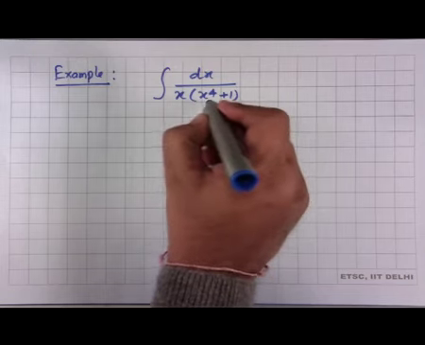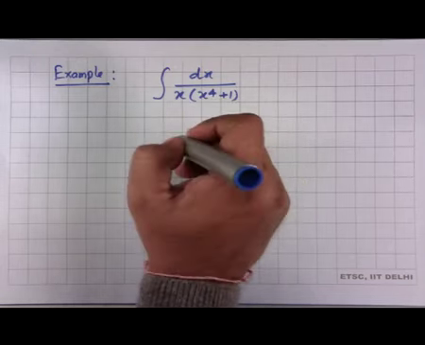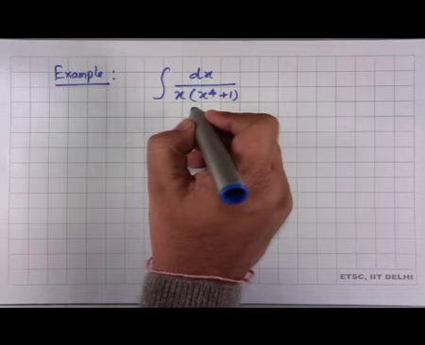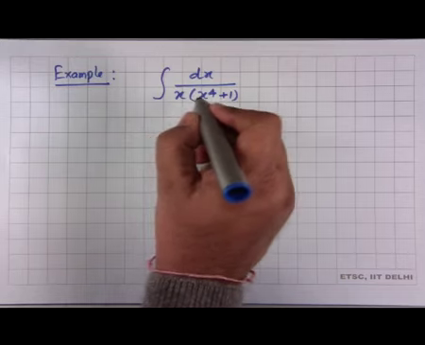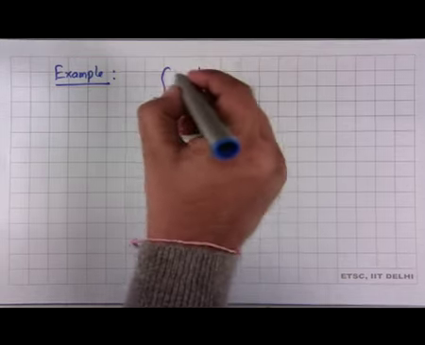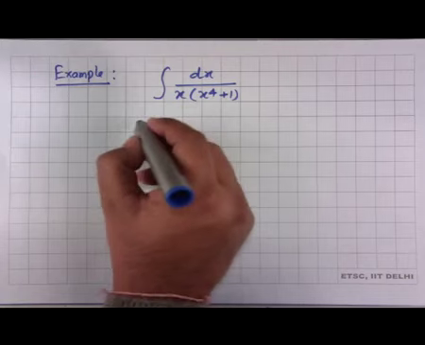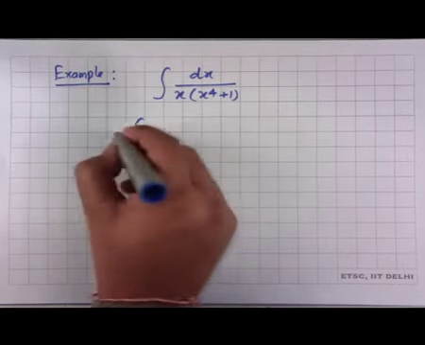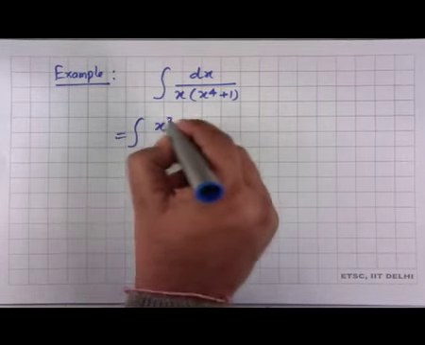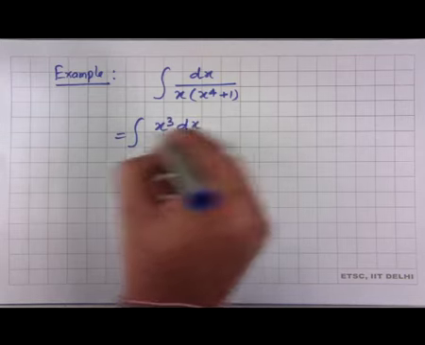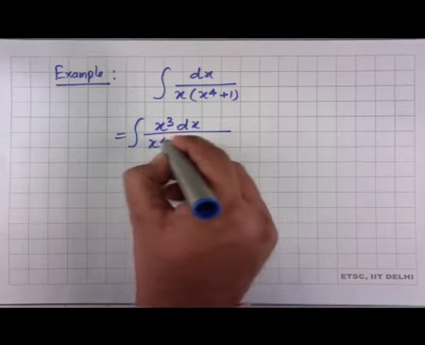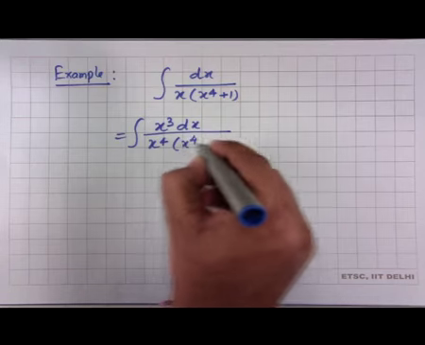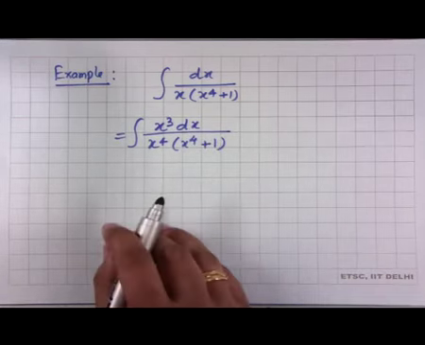So, here it is x raised to power 4, here it is x. So, none of them are working, but if we multiply it by x cube in both numerator and denominator, what I will get is x cube upon x into (x 4 plus 1).